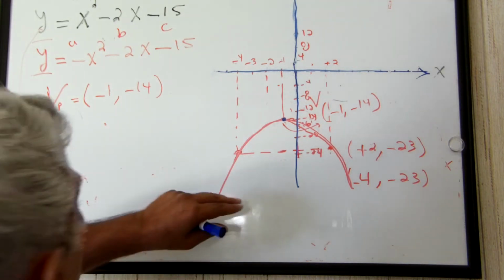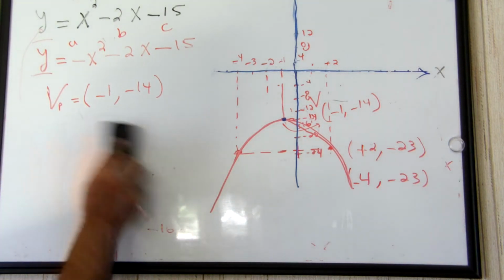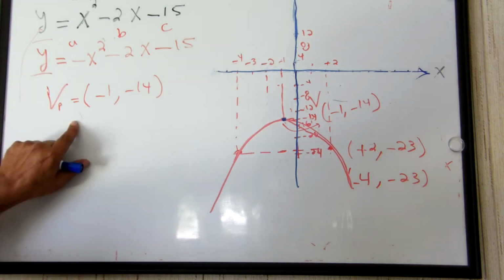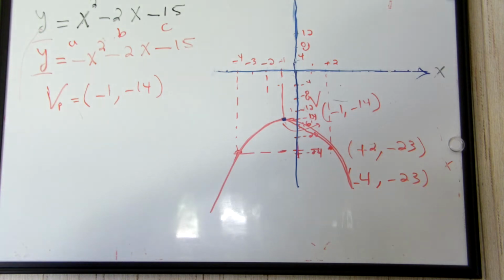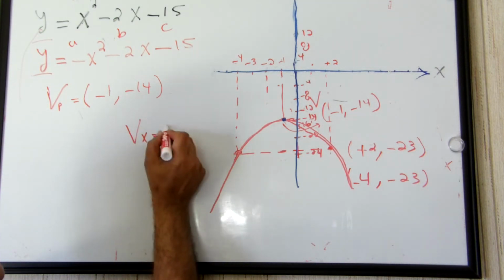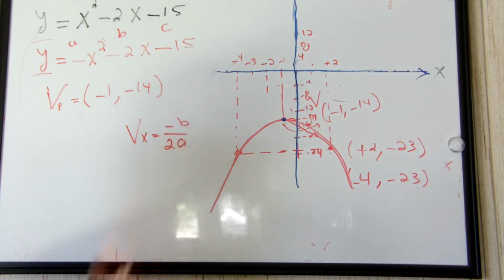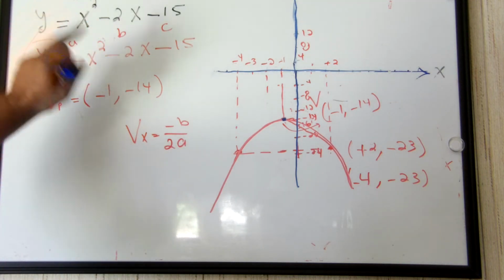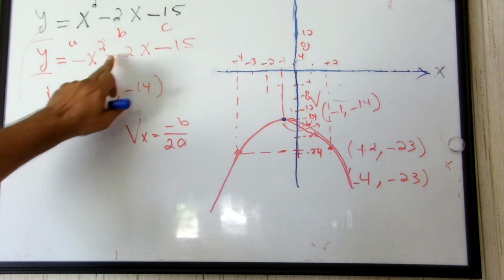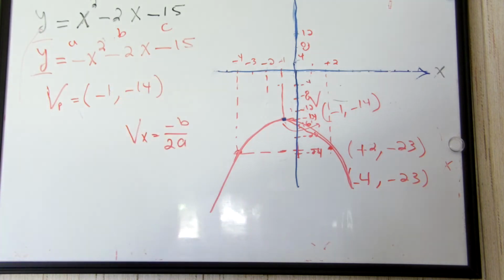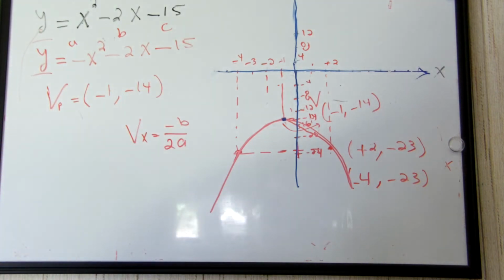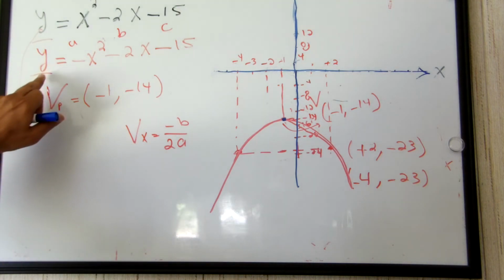So you go fast through this. How to graph this: we find the vertex first. The x coordinate of the vertex is minus b over 2a. We know this is b here, this is a, and this is c: b is minus 2, a is minus 1, and c is minus 15. So we find the vertex, and we put it in this equation to find the value for y.